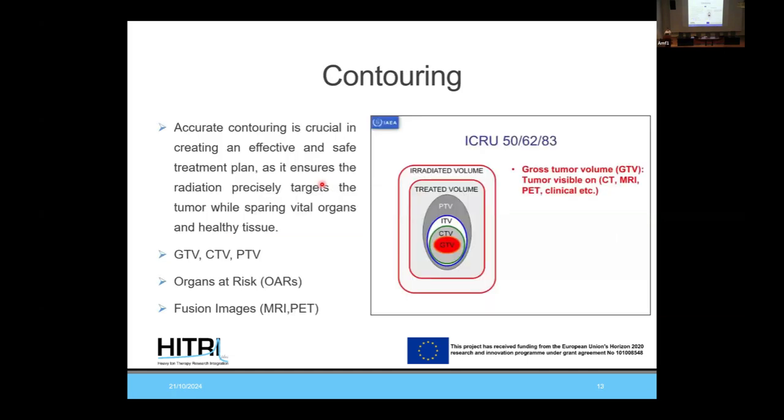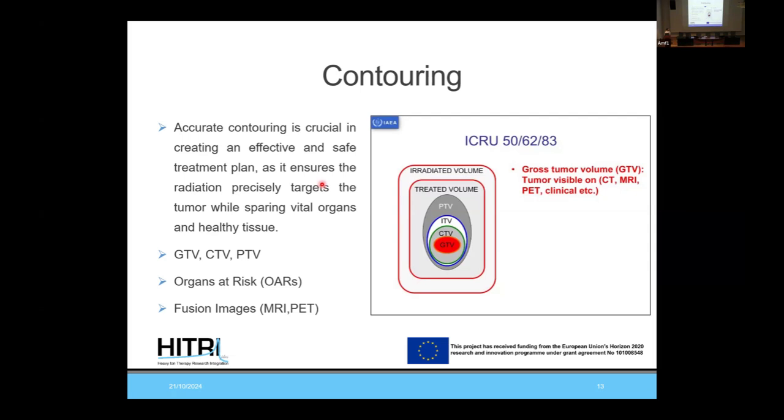Basically, what we're going to see from a plan here, well, what I'm expecting when a doctor says it's ready, you can go do the dosimetry. I expect to see the GTV, the CTV, and the PTV. GTV is the gross tumor volume. The CTV is the expansion of the GTV, as you can see. The PTV.